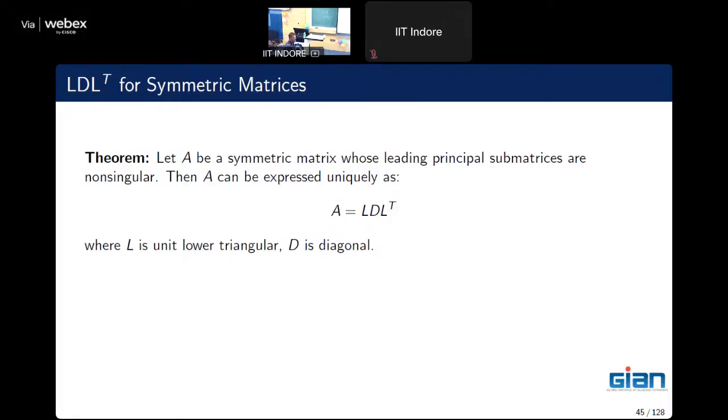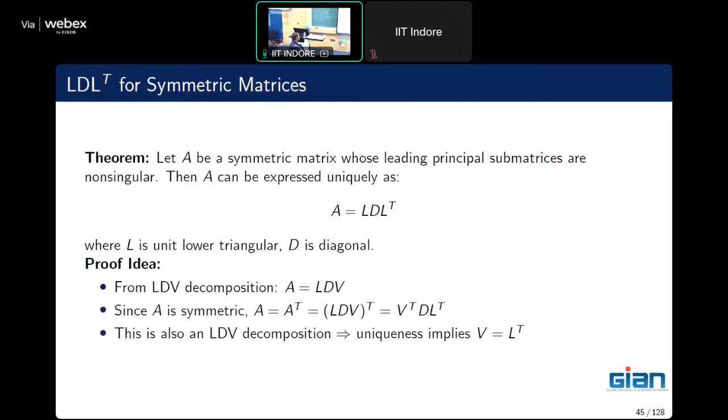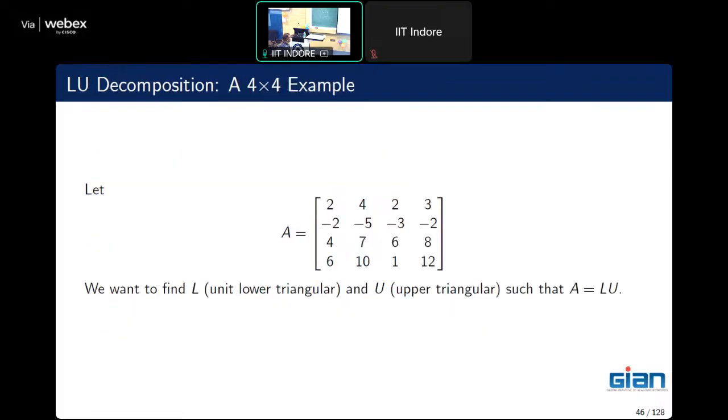So from LU you have LDV, and if it is symmetric, then you have LDL transpose. The idea is this: A equal to A transpose gives LDV transpose, which is also an LDV decomposition, and uniqueness implies V equal to L transpose. So this is a quick proof of this equation, because A equals A transpose.